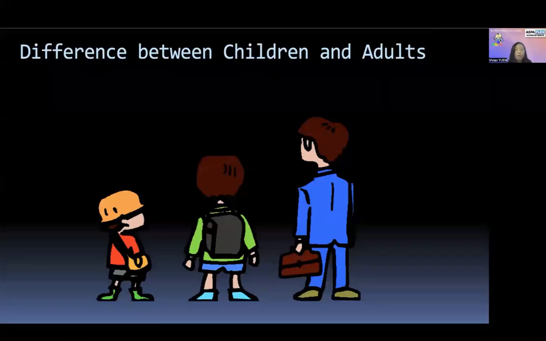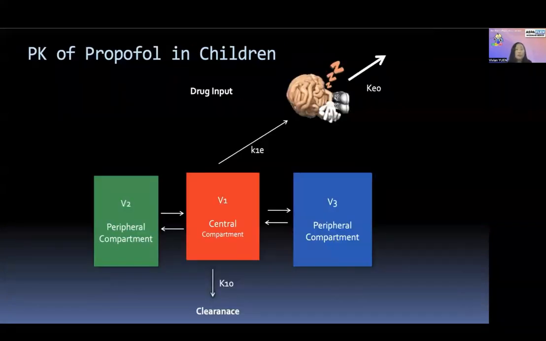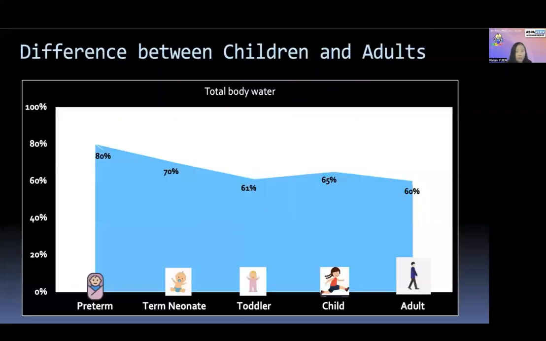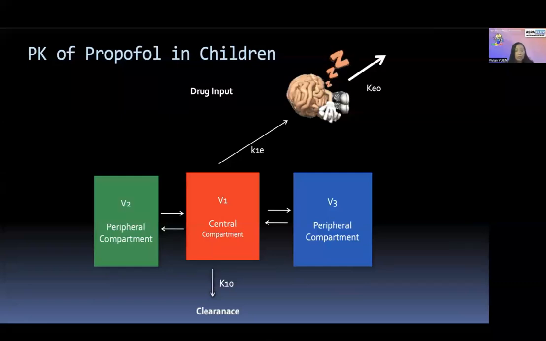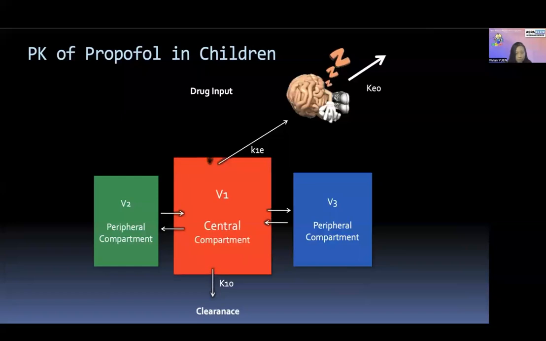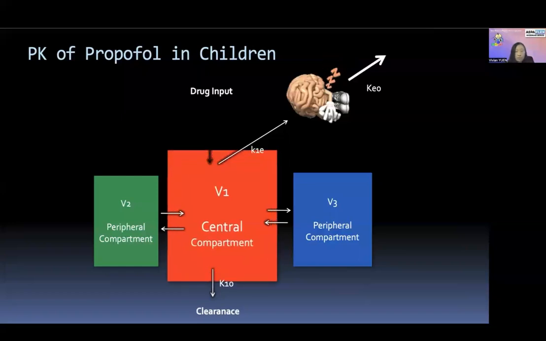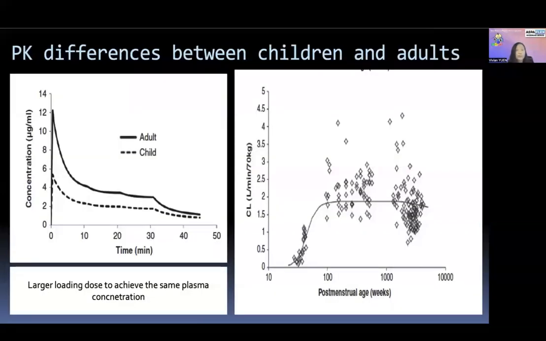So how are children different from adults in terms of pharmacokinetics of propofol? Children have higher water content, and as a result, they have a larger central compartment. They have a larger volume of distribution. The larger volume of distribution is associated with higher loading dose and higher maintenance infusion rates.